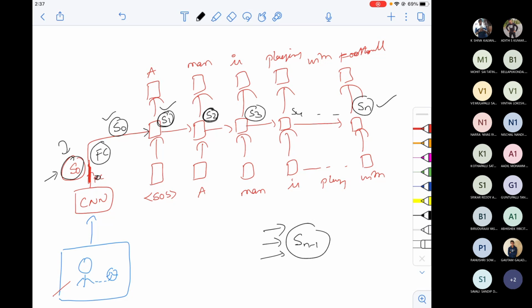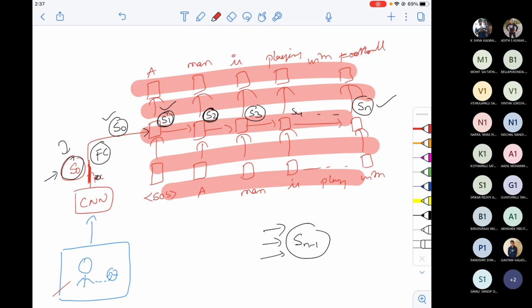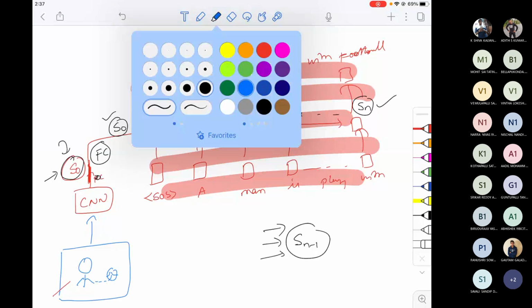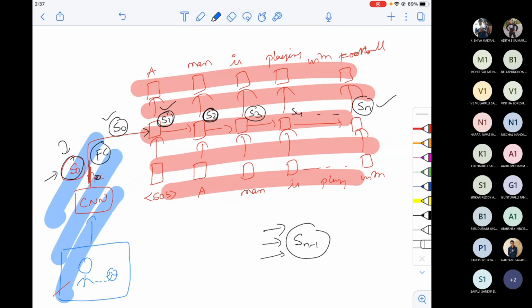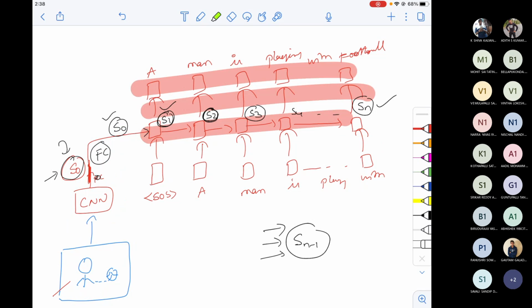If you observe clearly, guys, this particular architecture is the RNN, and the particular architecture that you see here is the CNN. I connected the CNN output to the RNN like this. Like this, I connected CNN plus RNN. Perfect. But this is one possible connection, and there is a certain disadvantage with this connection.